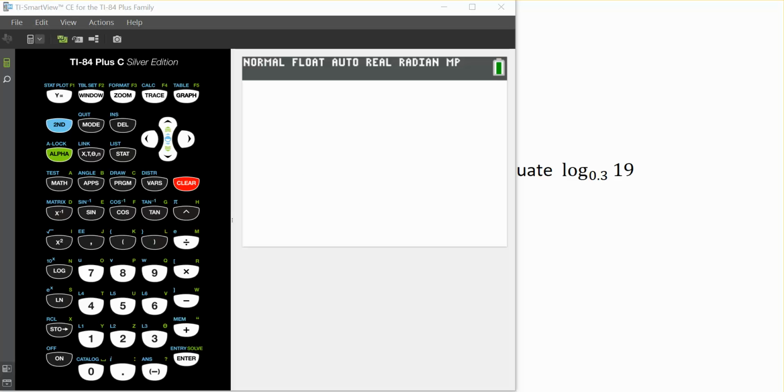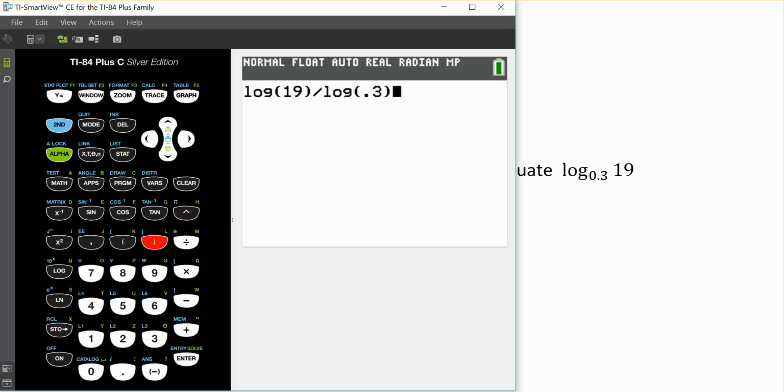Okay, so I have my calculator pulled up, and I'm going to do the log first. So here I have the log of the argument 19, and I am going to divide that by the log of the base 0.3.